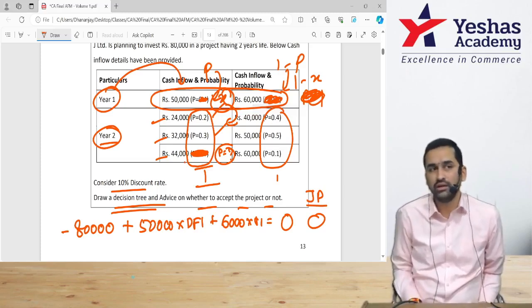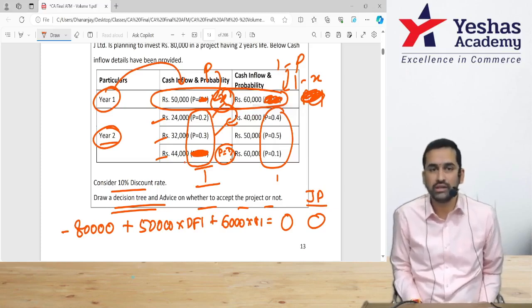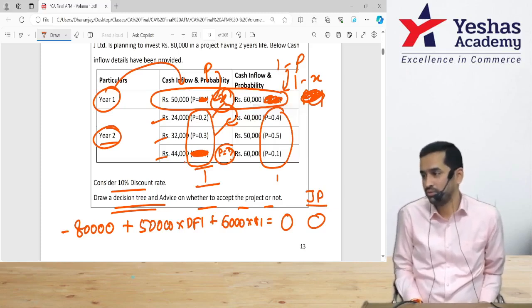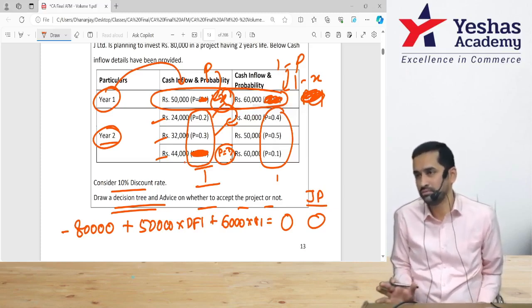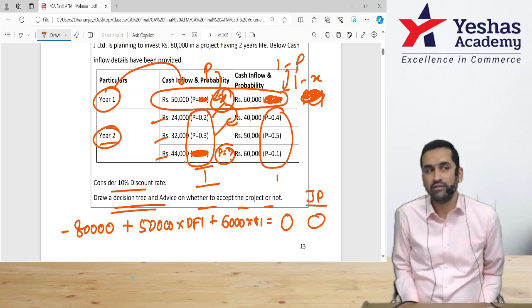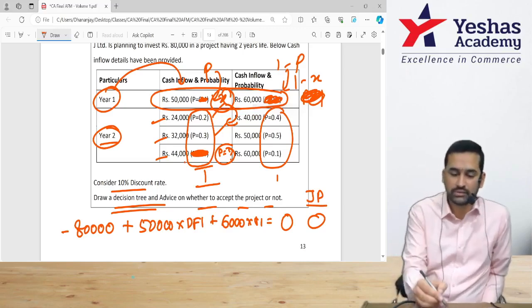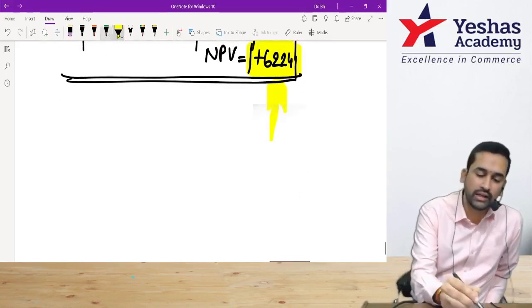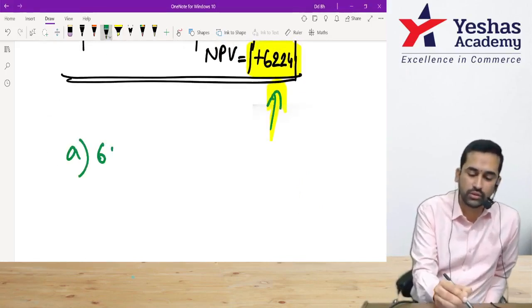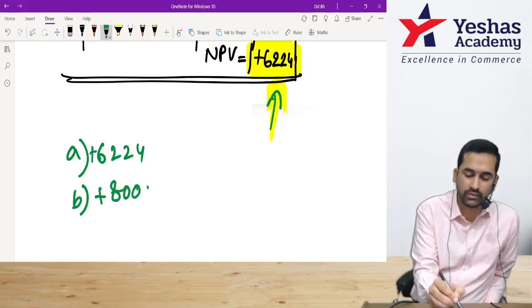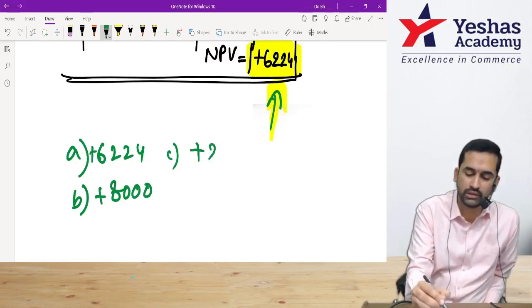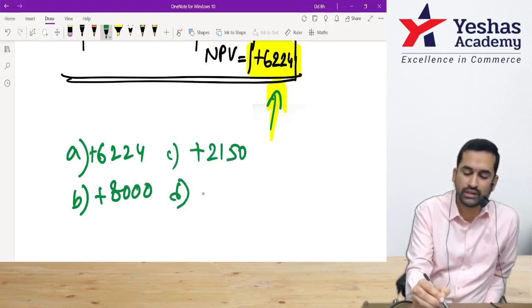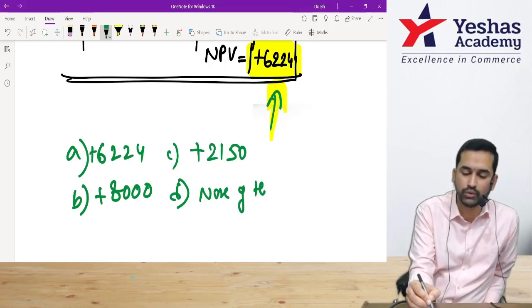And one more thing, in all practical papers, if it is MCQ and you want to tick none of the above, be very, very careful. Understand why I am saying. If it's a practical sum, say this question itself is a 1 mark MCQ, and the answer is 6224, option A. Option B positive 8,000, option C say positive 2,150, option D if they print none of the above.